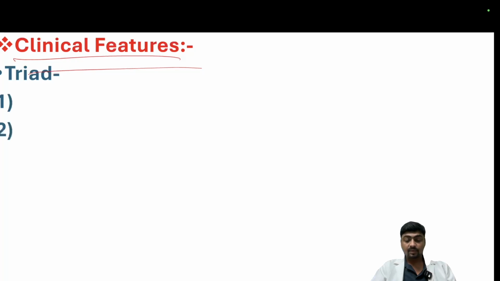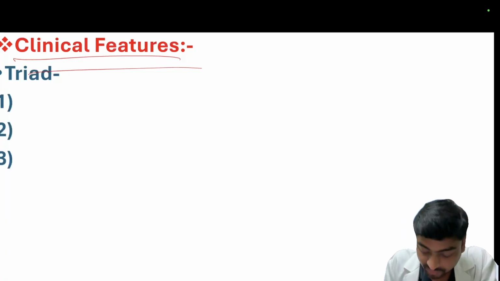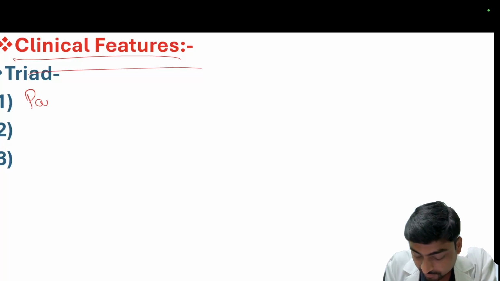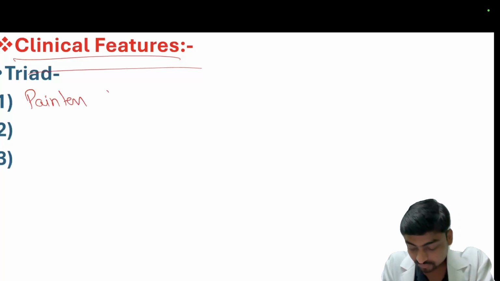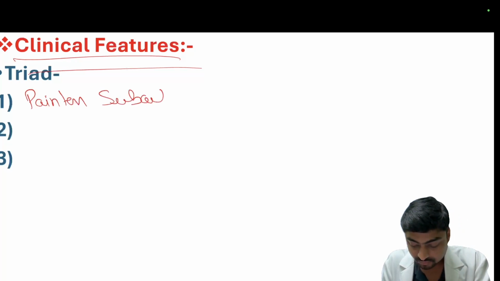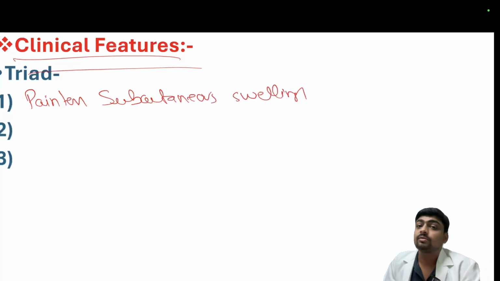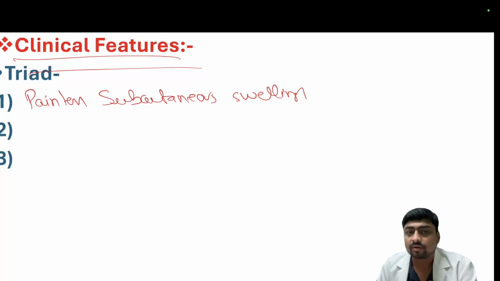Now if we talk about the clinical features, then we will observe a triad of symptoms in this. There is a triad of symptoms present in mycetoma. The first symptom which will be observed is painless subcutaneous swellings. There will be no pain on the swelling.